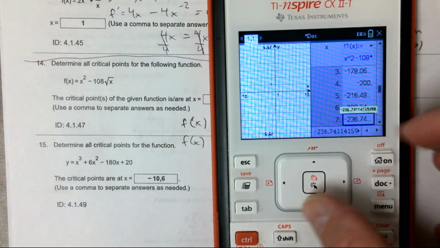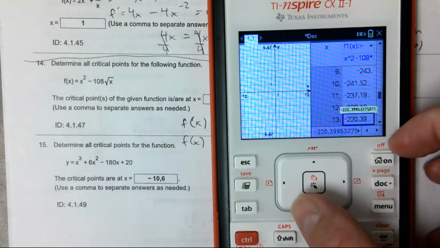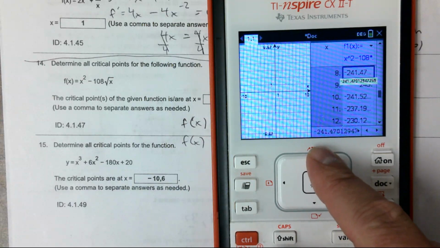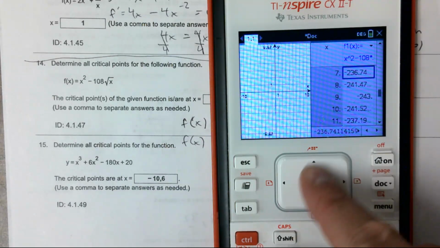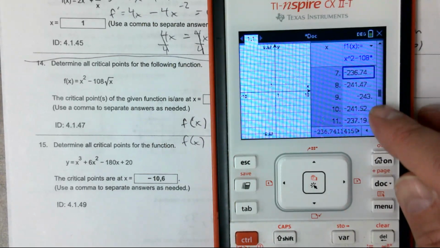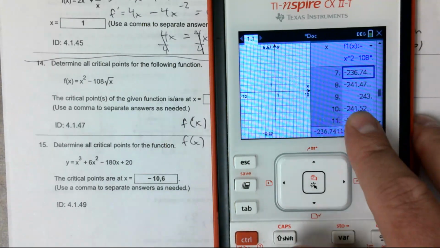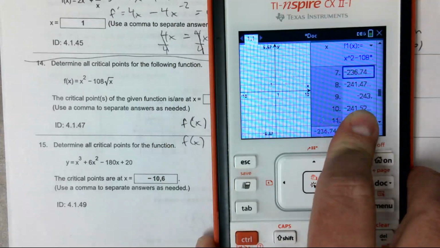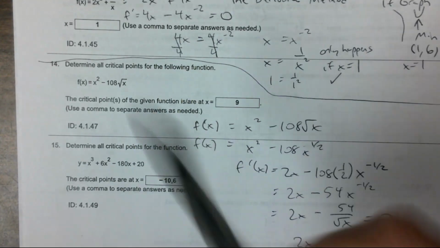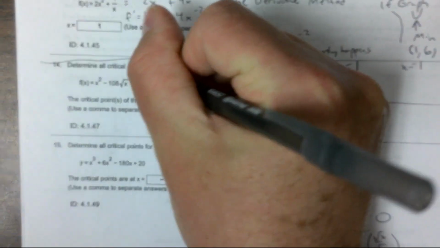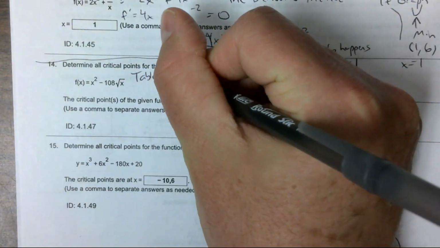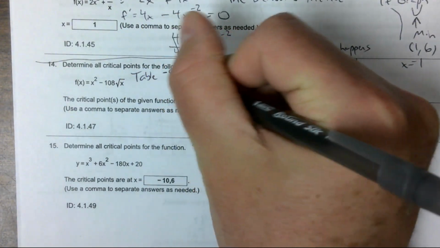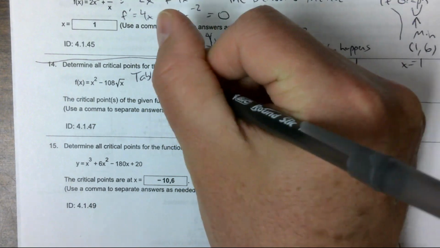They're getting smaller and smaller here. Okay, it kind of centers around 9 comma negative 243. So if you look in your table, we'd say negative 8 with, wait, that's positive 8.